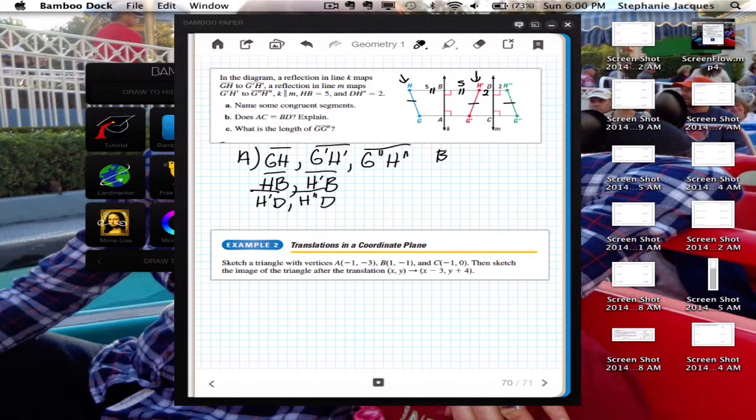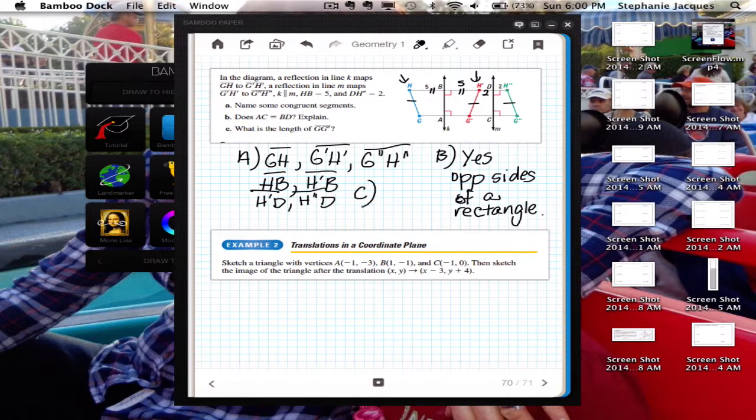Okay, B. Does AC, so we'll find AC right here, equal BD? And the answer to that is yes, because they're opposite sides of a rectangle. We know that opposite sides of a rectangle are congruent.